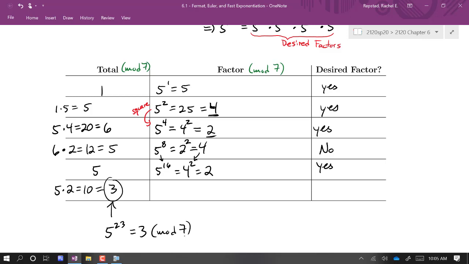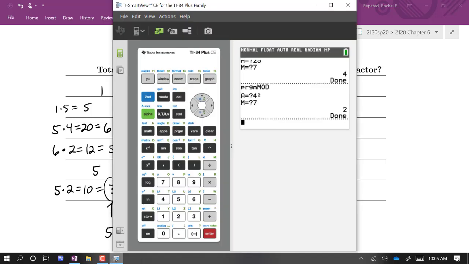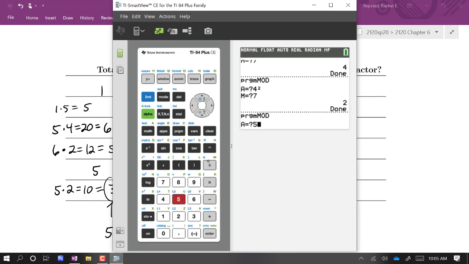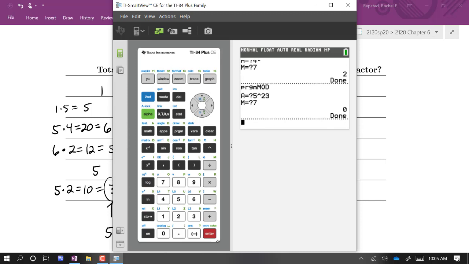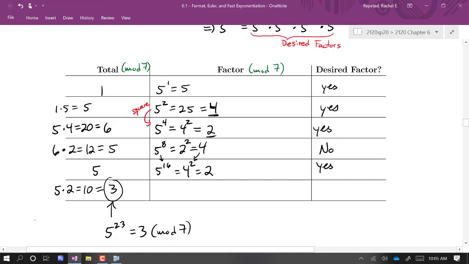If you try to run it through the mod program, it just tells you that it's 0. It's so large, it'll think everything's a factor of it. So, in fact, 5 to the 23rd is not 0 mod 7. So this fast exponentiation, or modular exponentiation, can help us out in ways that our calculator has a hard time doing.